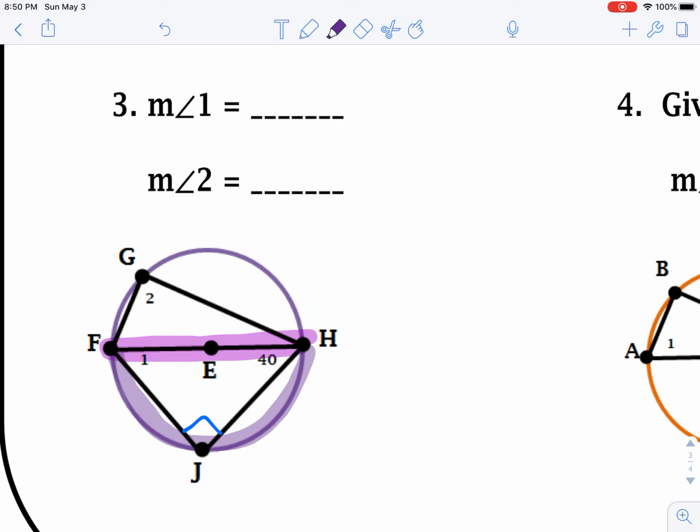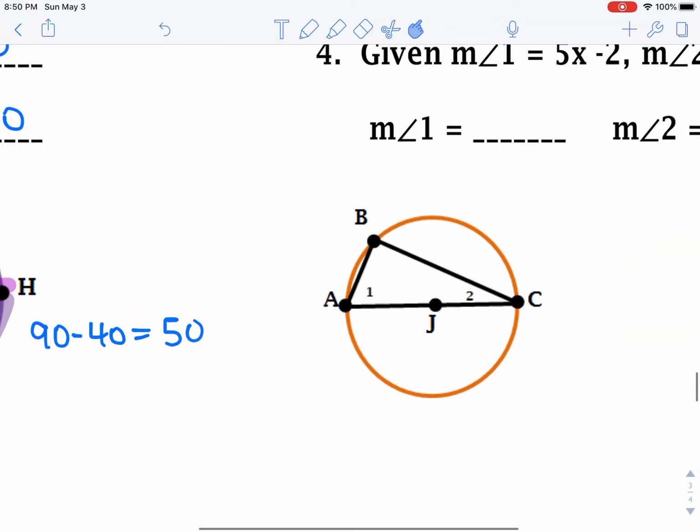This arc is a semicircle, so angle 2 is 90 degrees. To find angle 1, I know all of my angles must add up to 180, so the two acute angles must add up to 90. So 90 minus 40 gives you angle 1, which is 50.